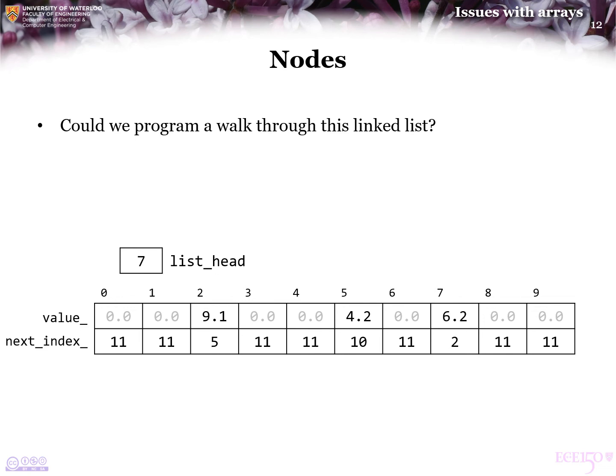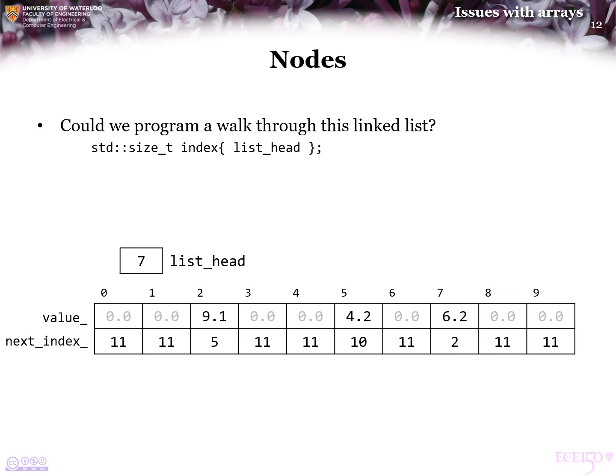Now, could we program a walk through this linked list? Well, to walk through this linked list, we'd have to walk through the indices of the linked list. So we'll need a local variable of type size_t. All right, so let us call this local variable index. Now, index is going to be initialized with list head.